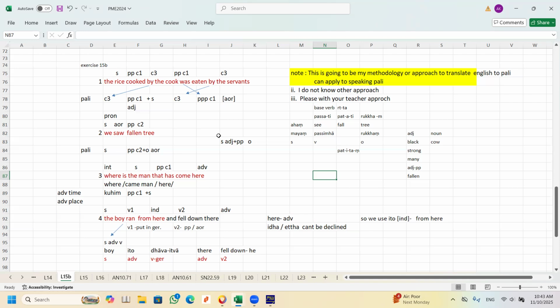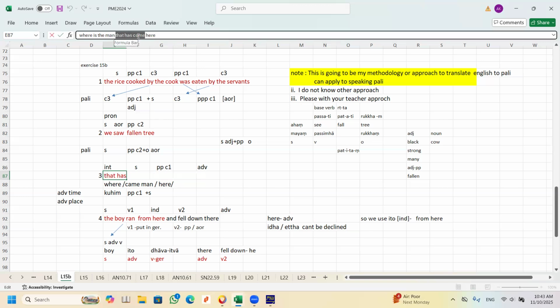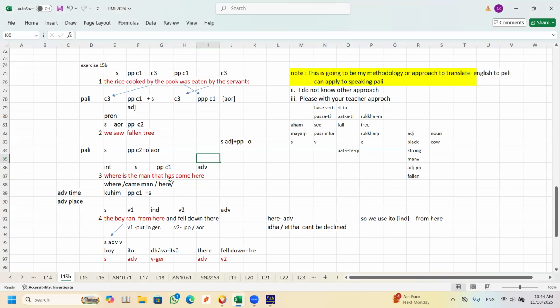Now, number 3, even this one may look very simple. Where is the man that has come? Now, I'm going to show you something. Can you see the word has come?